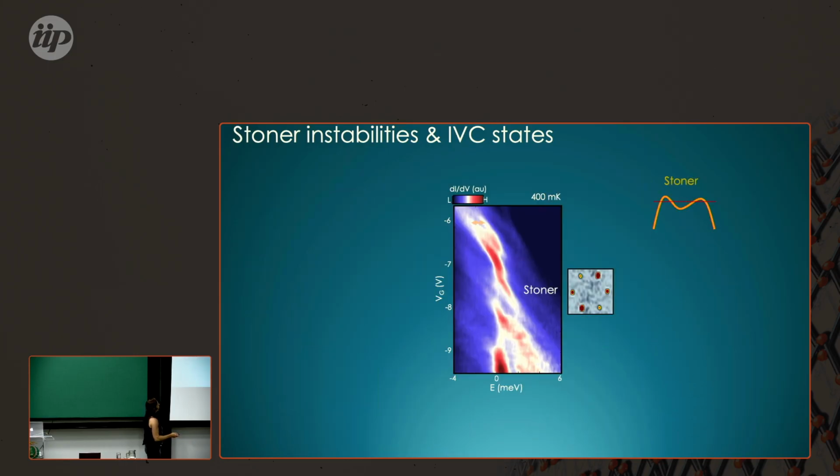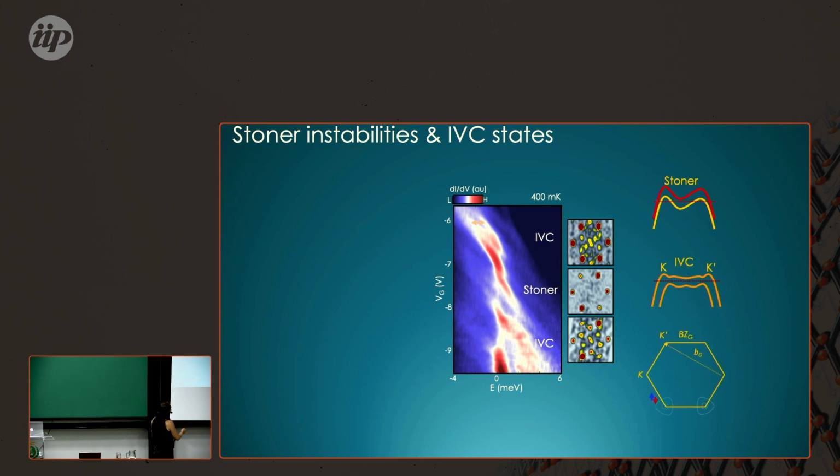So what we've seen so far is the following. We see some Stoner instability, at least a splitting which is not accompanied by an additional charge density wave, and then the IVCs encapsulating this splitting.